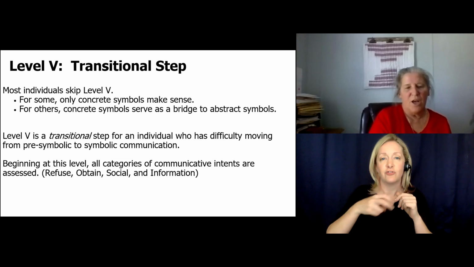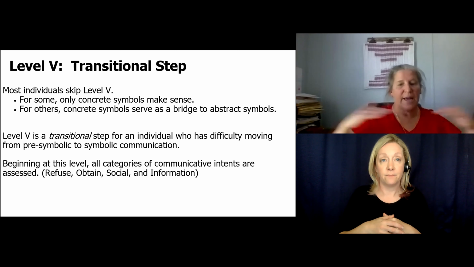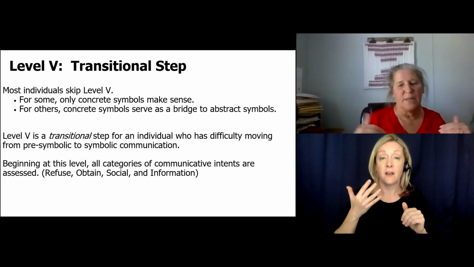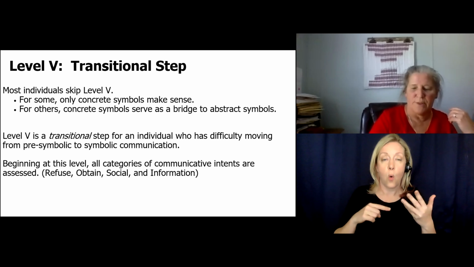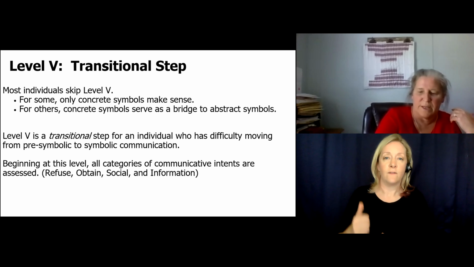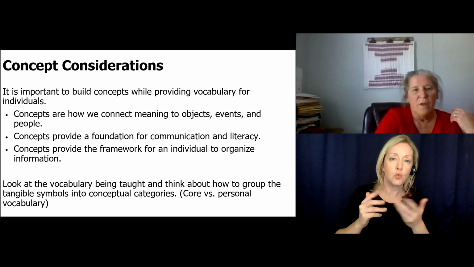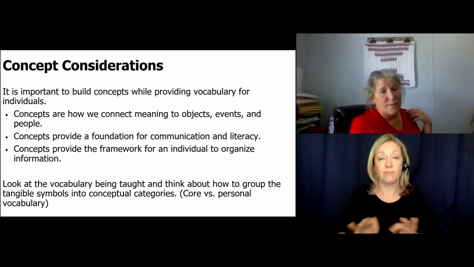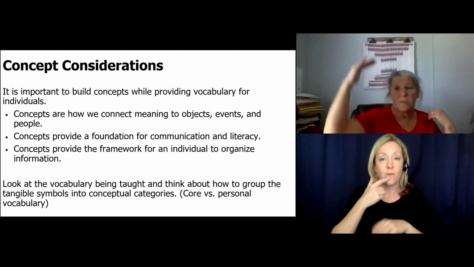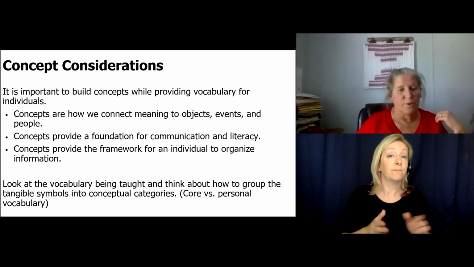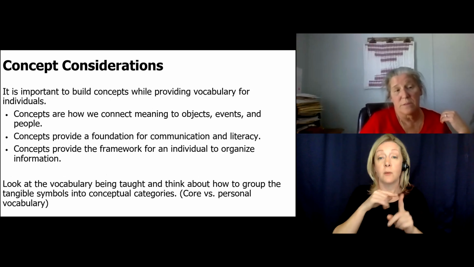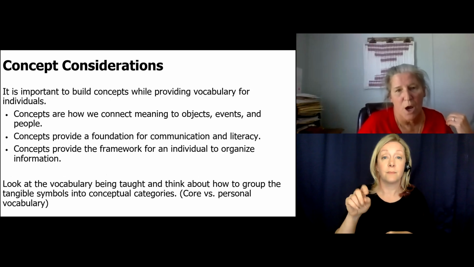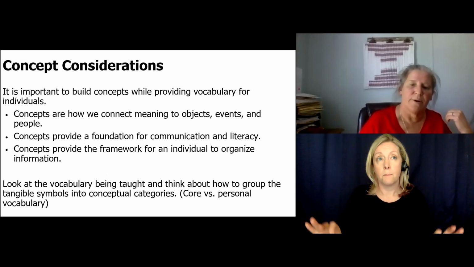It's beginning at this level that we really have all those intents assessed. So all of them: the refuse, obtain, social, and information. Then we also need to think about concepts. And remember, we talk about those all throughout. In every one of the levels, we want to think about those concepts, because concepts are so vital to our individuals.